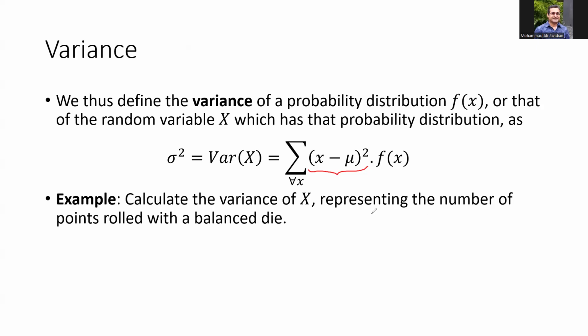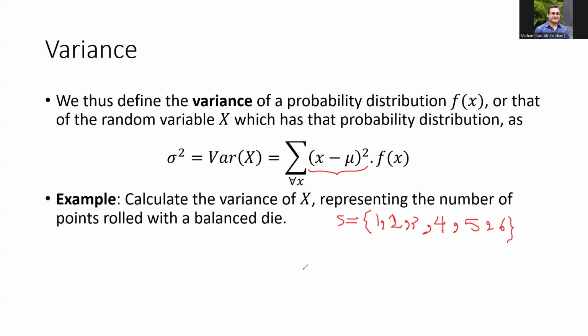In this case, the random variable represents the number of points rolled with a balanced die. So the sample space is 1, 2, 3, 4, 5, and 6.